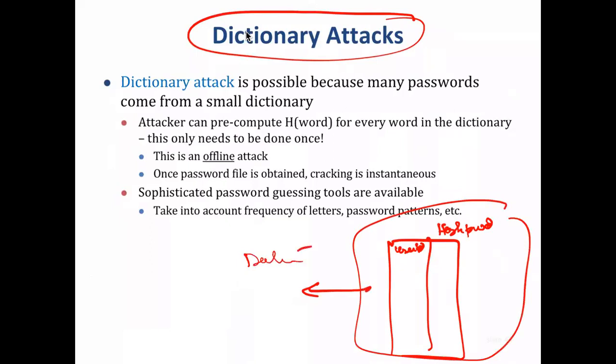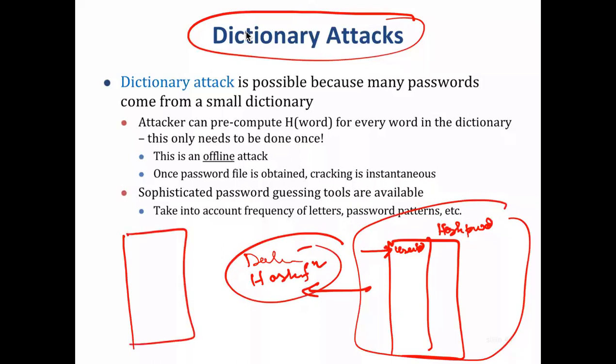Now the cyber criminal has all this available. The criminal knows the user ID and also knows the hash function, because these are not secret. Now the criminal will use dictionary words. Dictionary words here are not only the words in the dictionary, but also common names in India or the US, parents' names, and so on. So it's a kind of offline attack.